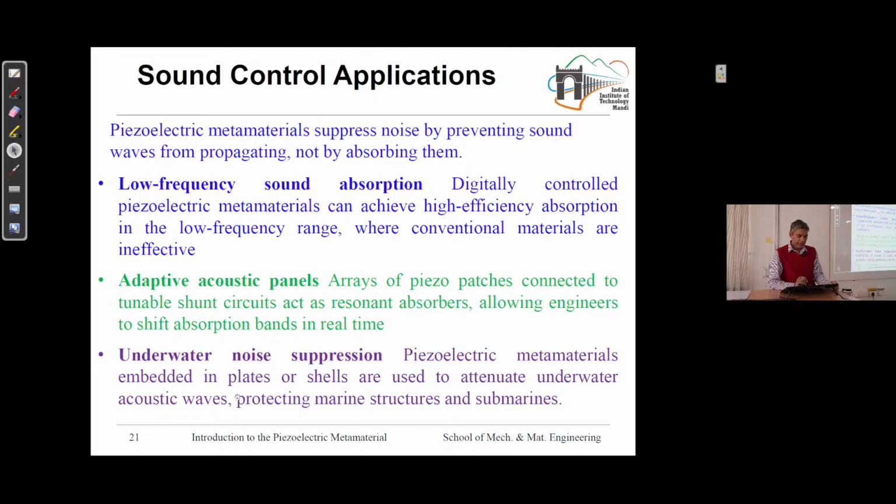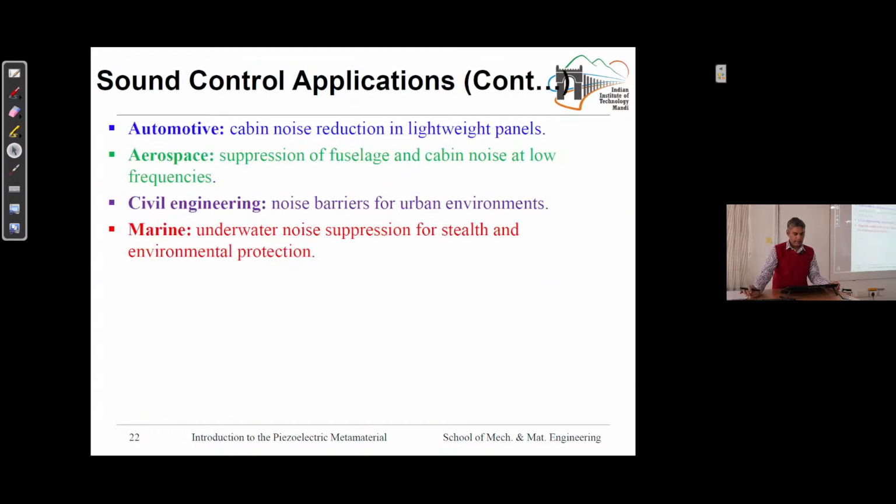Underwater noise suppression: piezoelectric metamaterials embedded in plates and shells are used to attenuate underwater acoustic waves.